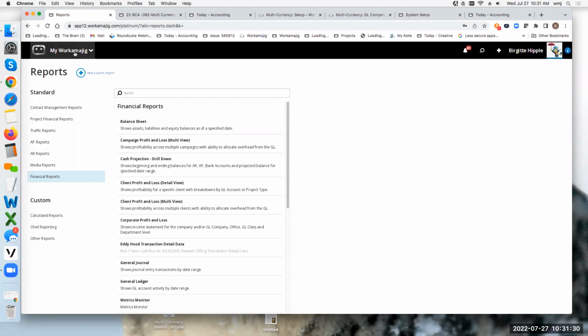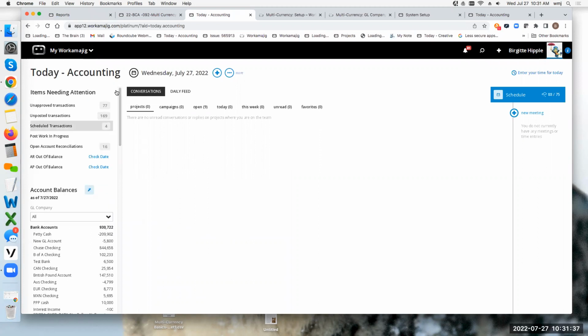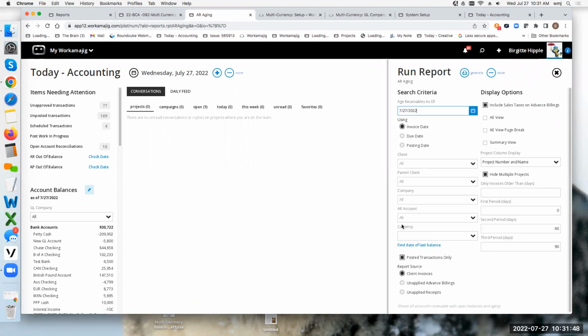Okay, so let's go ahead and look at the Accounting Today page. Interesting thing about AP aging and AR aging, and yes, I am completely out of balance, but when you run either the AR aging or the AP aging, once again, you now have a currency field, because the thought is that if I'm talking to a client about the fact that they still owe me on a client invoice, I need to talk to them in their currency.